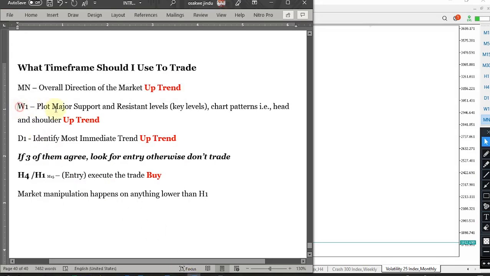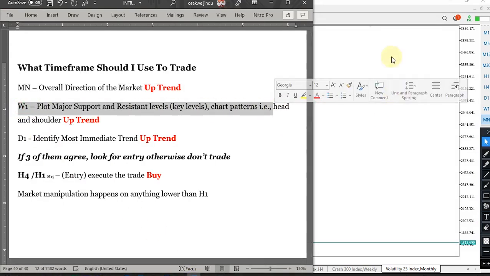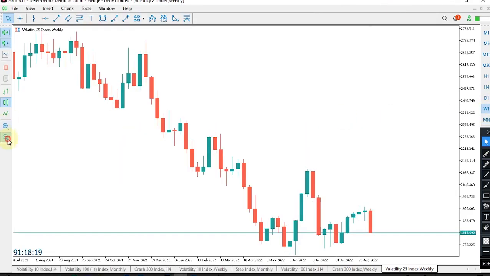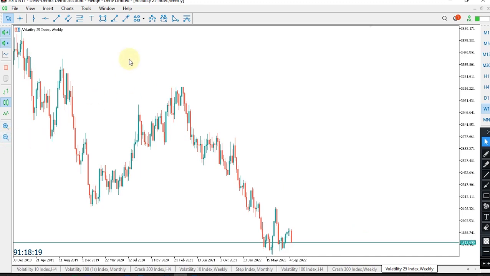Now we go over to the second one. We plot areas of support and resistance levels, so we do that on weekly. I go to weekly. This is weekly, so I begin to plot. This is a support. And you can see this is a resistance.